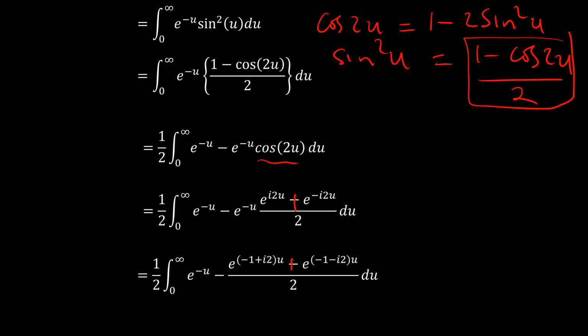The power negative 1 is here because I'm pulling u out of the bracket, and then this positive i2u remains there, where i is obviously the imaginary unit. The same thing here, the negative 1 is there, and then negative i2u, because now we're pulling u out. So we can keep going.